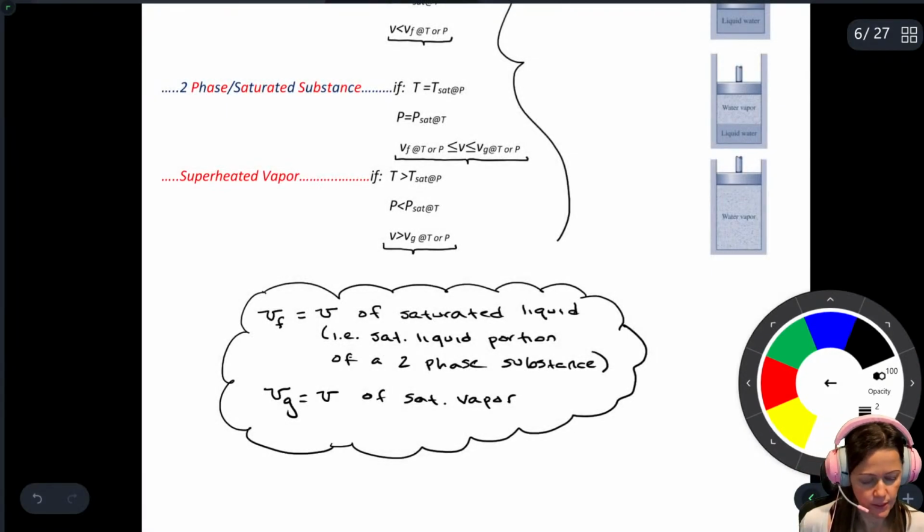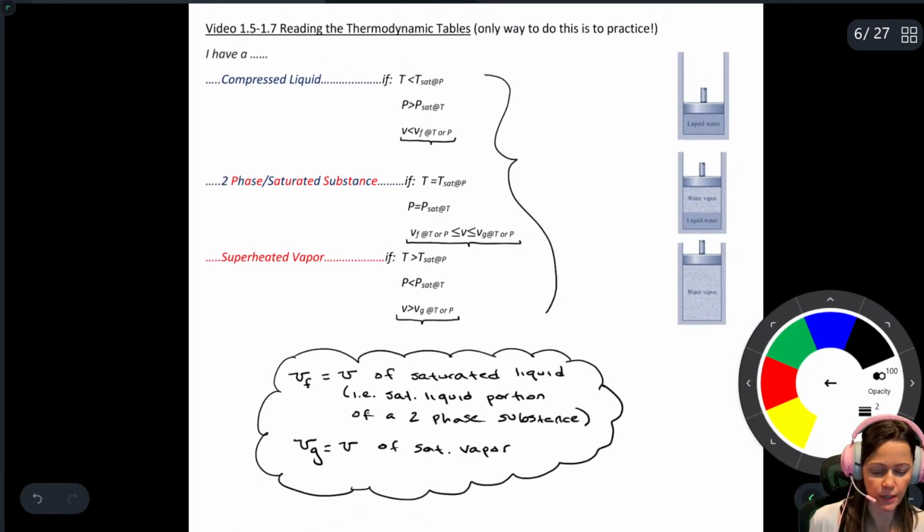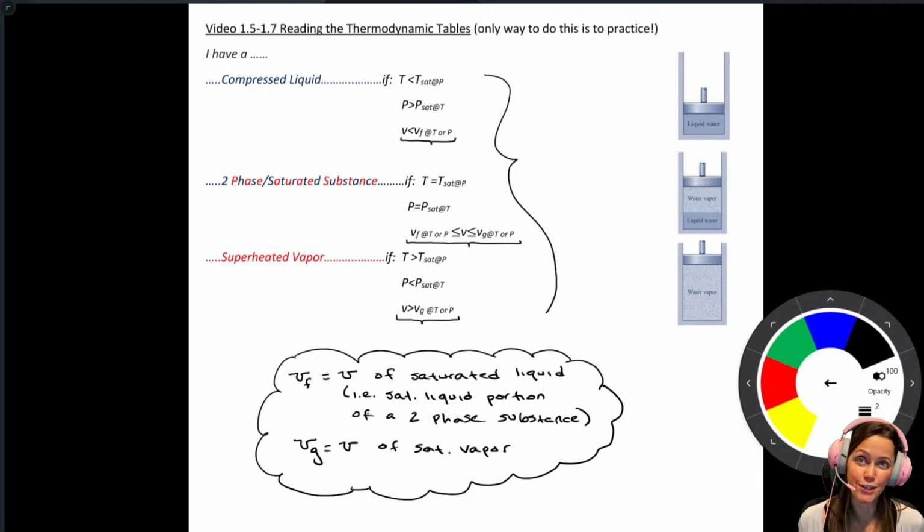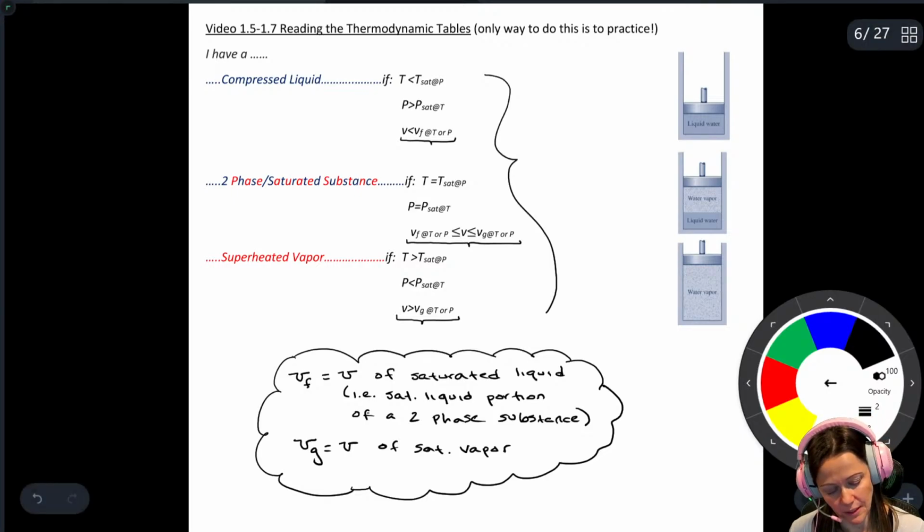All right, so these rules right here, your life will be infinitely easier if you just memorize them now. Note that the signs are different. This is a different sign from that one.